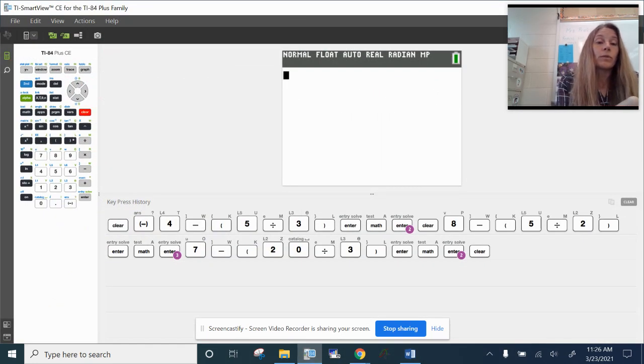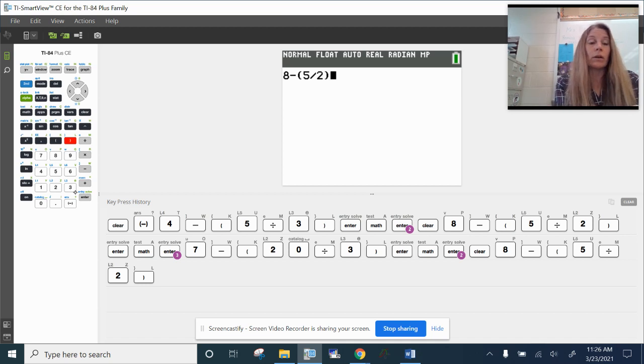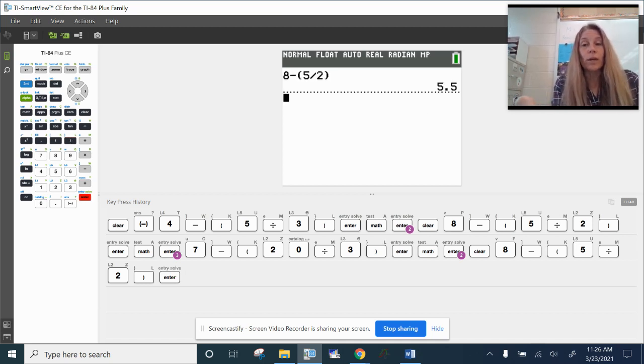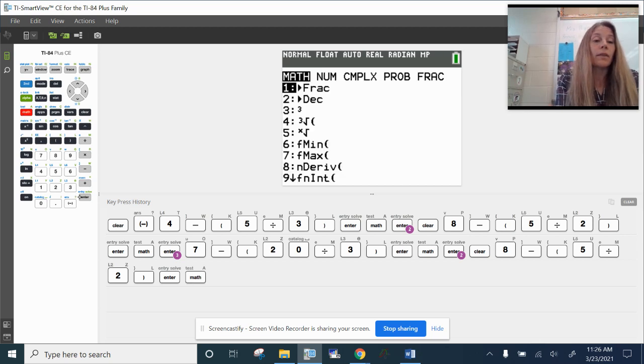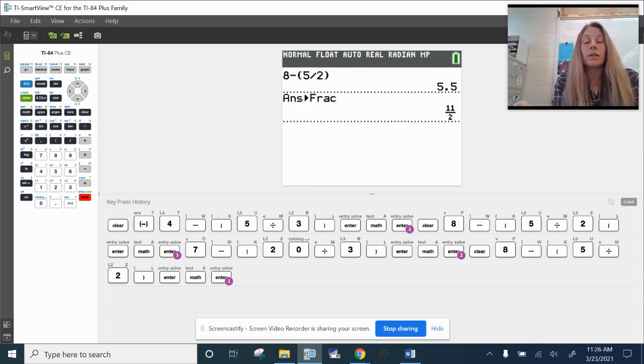So if you were going to do 8 minus 5 over 2, you would just have to do parenthesis 5 divided by 2 parenthesis on your calculator. If you're using a graphing calculator, it will always default to the decimal answer, so then you can just go math, enter, enter to get it into the fraction form that's simplified.